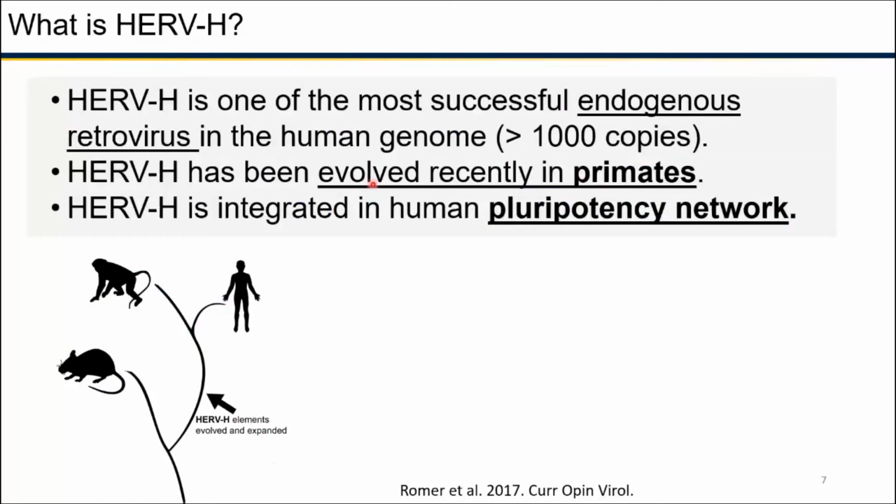In fact, HERV-H is one of the most successful endogenous retroviruses in the human genome, which contains more than 1,000 copies of HERV-H, and it has been integrated into our genome very recently. Several previous works have shown that HERV-H has been integrated into the human pluripotency network.